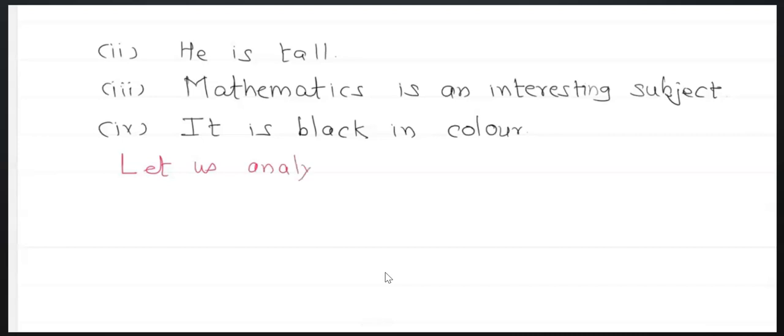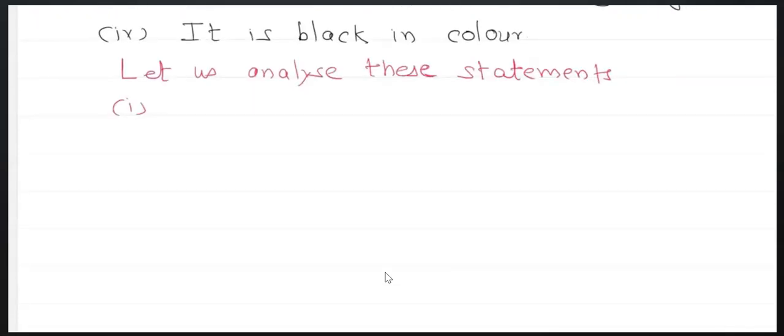Let us analyze these statements. First, for x equals 6, it is true.